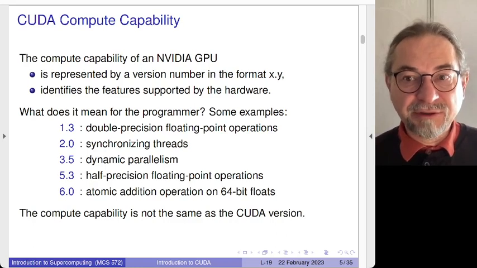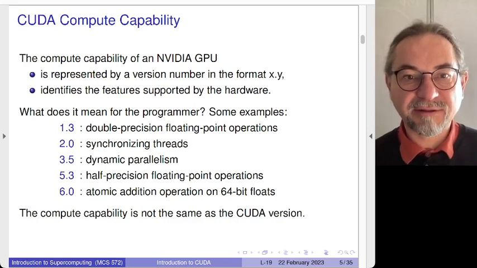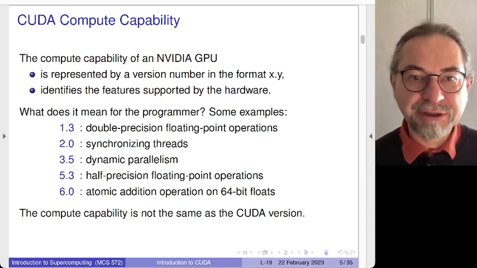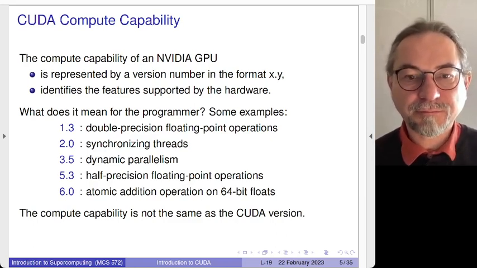But to me, the most important feature, and actually all the GPUs that I used actually had already double precision floating point operations capability. So the 1.3 was, in my opinion, the milestone.